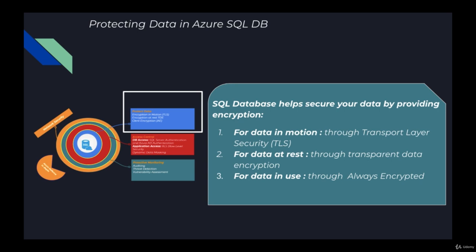That is why the data is always encrypted, which means the encrypted data is decrypted only for processing by the client application with access to your encryption keys, and the encryption key is never exposed to your SQL database. The application can store the keys in Key Vault to securely manage the access.